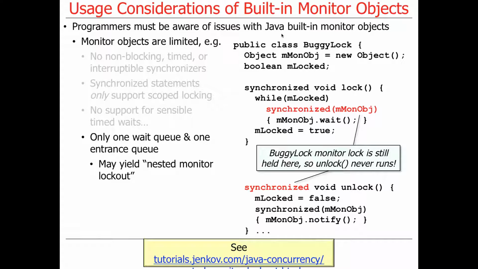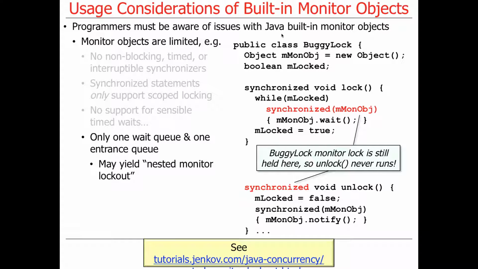But notice what happens when we synchronize on monobj: the intrinsic lock that's part of buggy lock is still held, because this is a synchronized method. And so as a result, if someone comes down here and tries to unlock this buggy lock object, it's never going to be able to get in to the critical section because we've gone to sleep with the intrinsic lock held. So that's what's called nested monitor lockout.